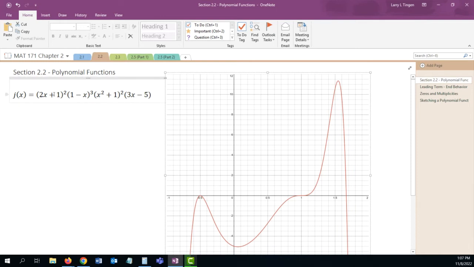This could go first, this could be the last one. We don't typically write these in descending or ascending order, so which one comes first, which one comes second, doesn't matter. The only one is this 1 minus x, which needs to always be written as either 1 minus x or negative x plus 1, and 3x minus 5 needs to be 3x minus 5, but the rest of them can be swapped around.